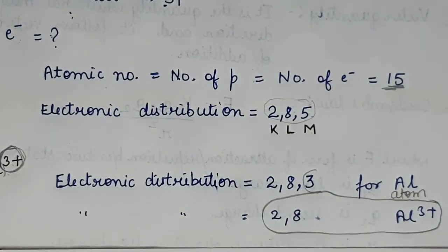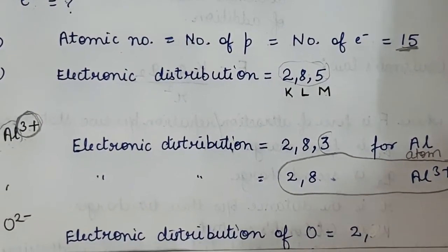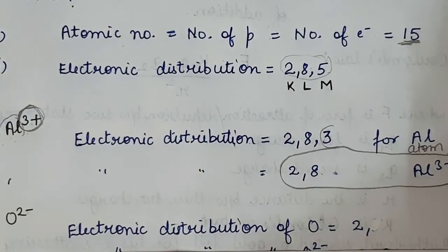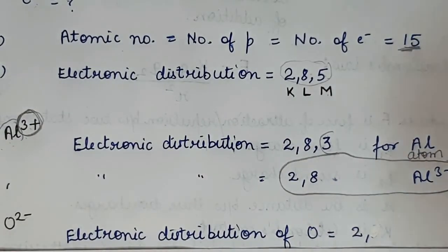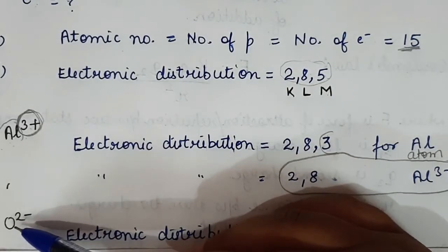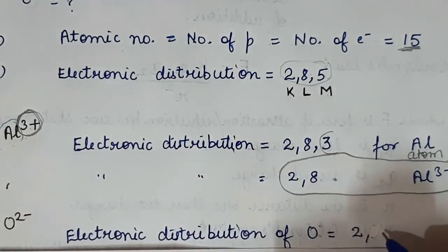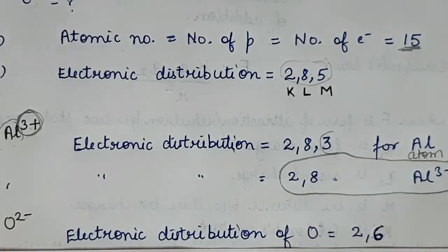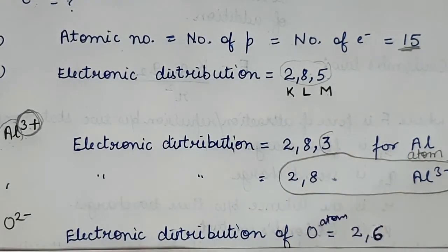Same for the second part, oxygen 2 negative. So first of all, write down the electronic distribution of oxygen. What is the atomic number of oxygen? It is 8. So what will be the electronic distribution? 2 and 6. That will be for oxygen atom. Now you have to write for oxygen ion.